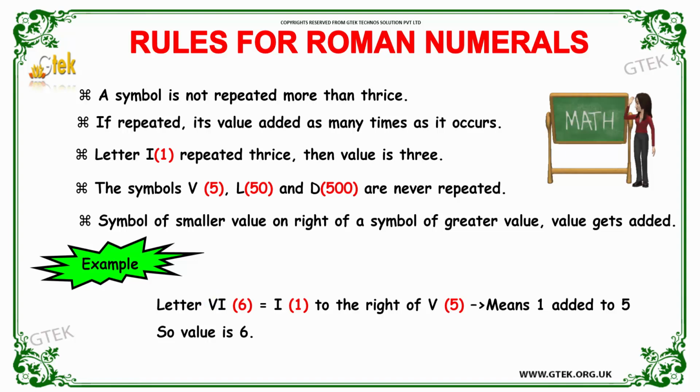So this gets added to the value of V, that is 5, which means 1 is added to 5 to get the value of the letters over here, which is equal to 6. So this is how the Roman numerals are framed.